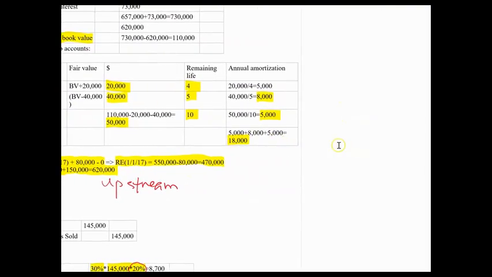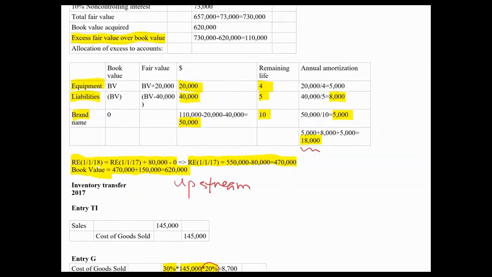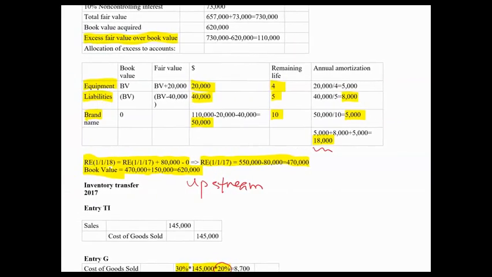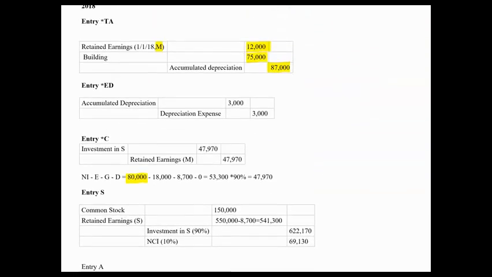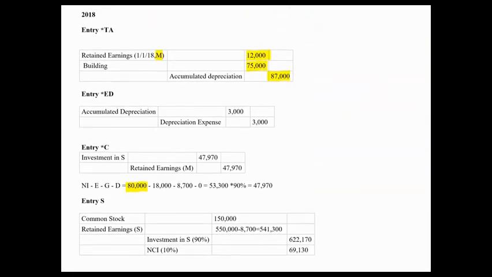So 18,000 here is the excess annual amortization. That's one adjustment. And then minus this deferred profit.